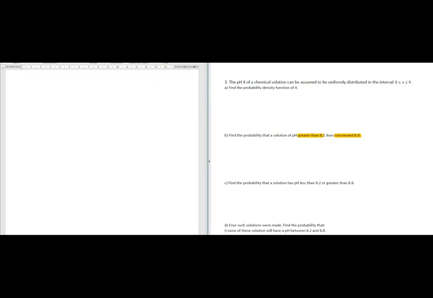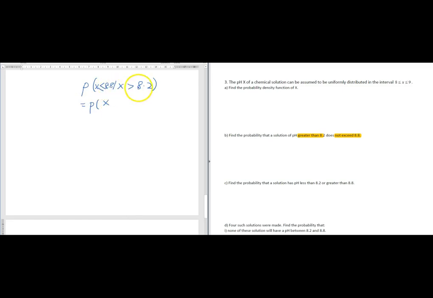So when we are forming the conditional probability, the condition is the stuff that must happen first, greater than 8.2. The condition we put after the slash, and the event is does not exceed 8.8. Then you can use the conditional probability formula and find the intersection.